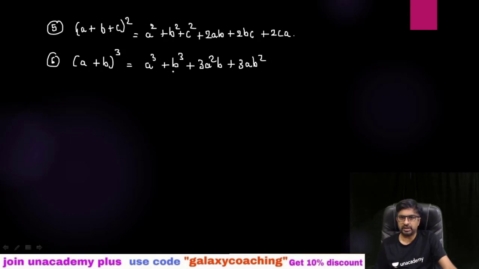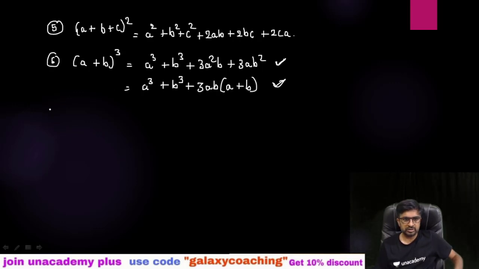If you want to take out common, you can write it this way also: a cube plus b cube plus, now you can take out 3ab common. So in the bracket you will get a plus b. Both these are correct, but generally in normal sums you need to use this one.